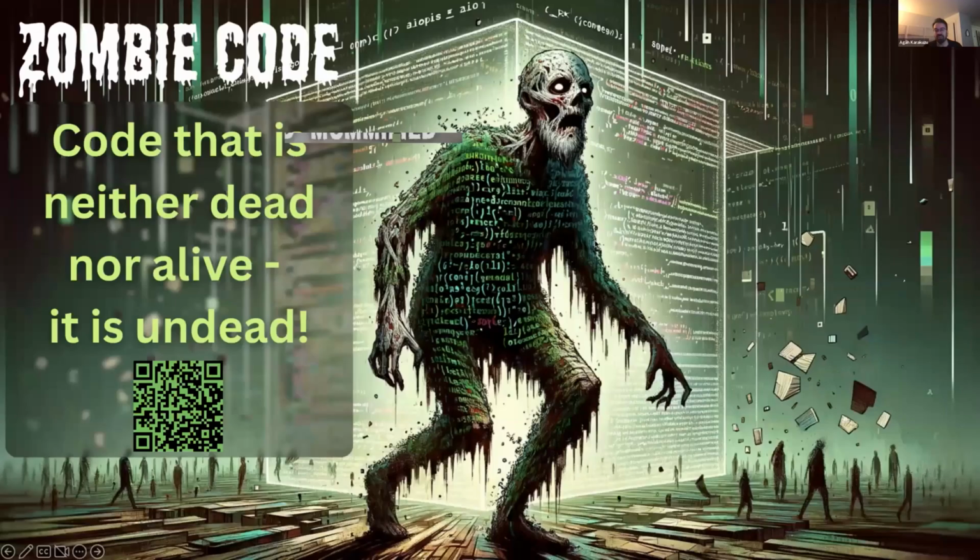Zombie code is a common expression used to describe sections of a software project that are no longer executed or have become obsolete. In other terms, it refers to code that is neither dead nor alive. It is undead. So when we think about code repositories mentioned in an article, which is a PDF, they are like zombies because it is not easy for readers to run them in relevance with the context of the article.